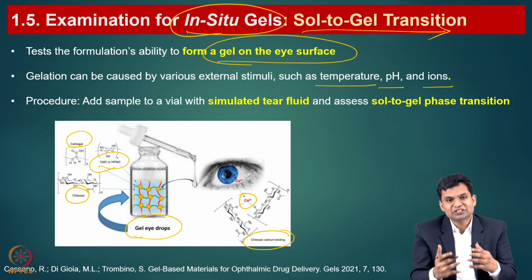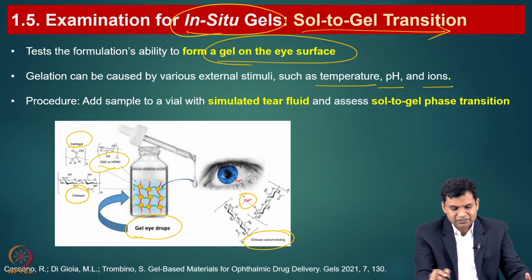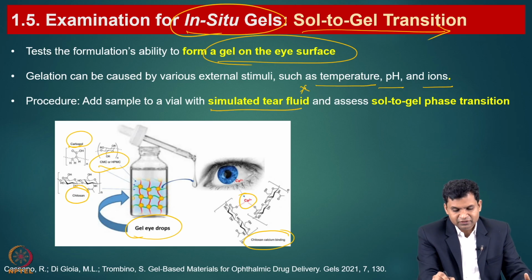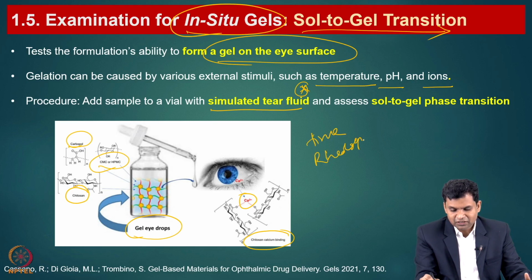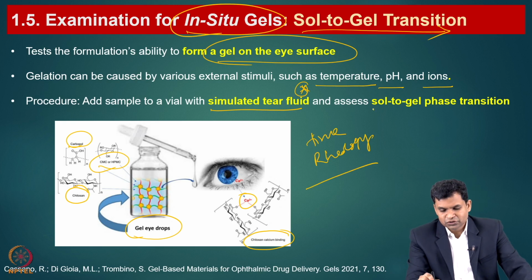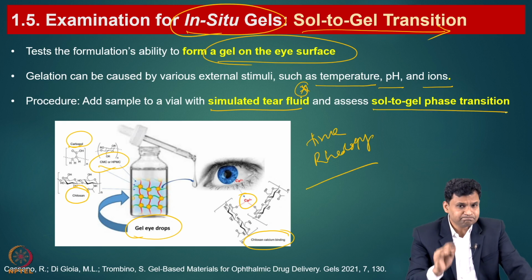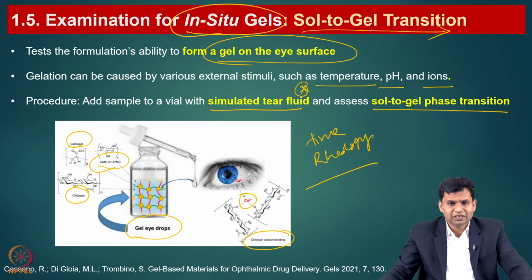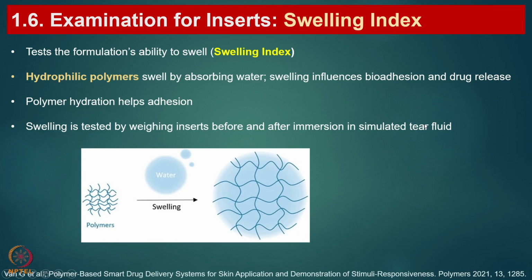This needs to be measured using simulated tear fluid. We need to calculate the time, and also consider the rheology after the transition from solution to gel. That needs to be performed, and we need to report the data for further evaluations.